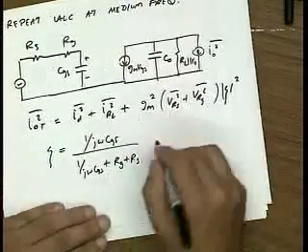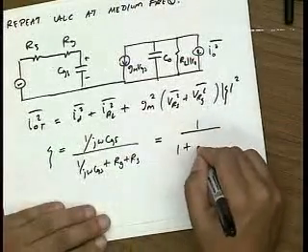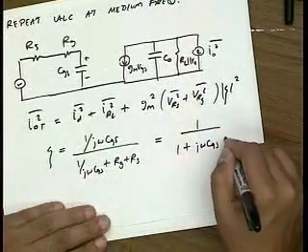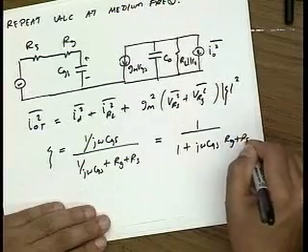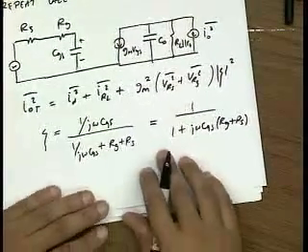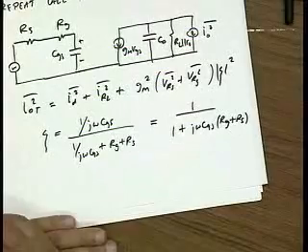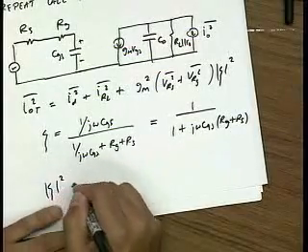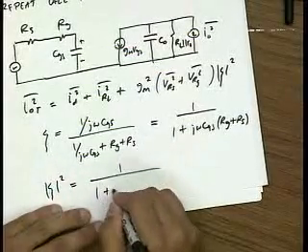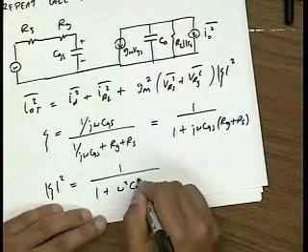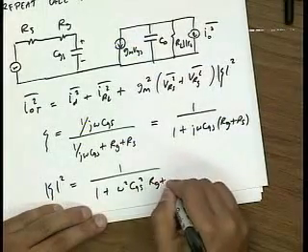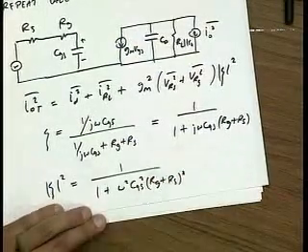Or in other words, 1 plus j omega CGS times R gate plus RS. And so zeta squared is simply 1 plus omega squared CGS squared times R gate plus RS squared.